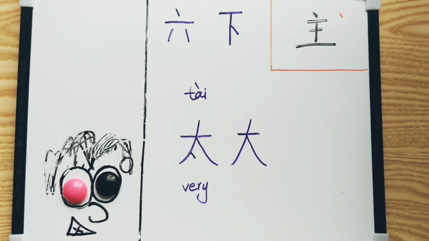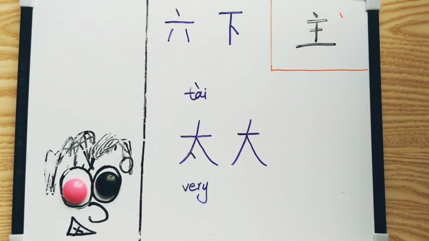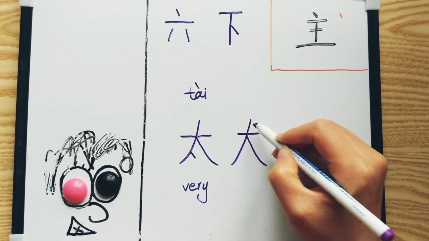For example, if you want to say, oh, this pizza is too big, well then you can definitely say tai da. Simple like that. Now I'm gonna show you something interesting. Instead of putting this stroke dian here, I'm gonna put it down here.